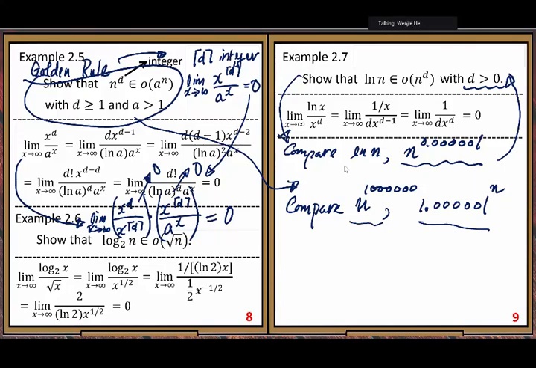I remember once one student did not believe that this function is greater than that function. So that student used an online graphing calculator to draw graphs to compare.